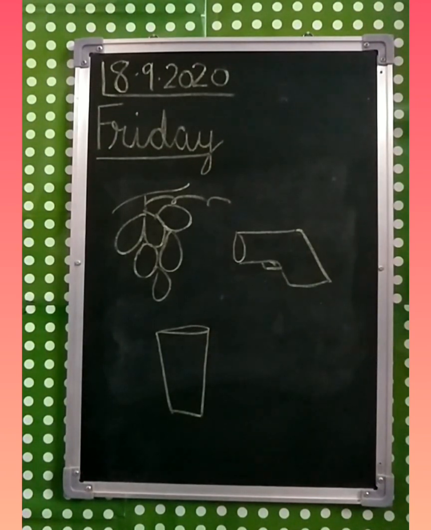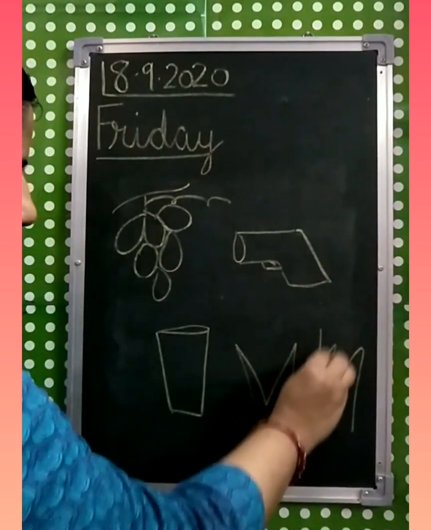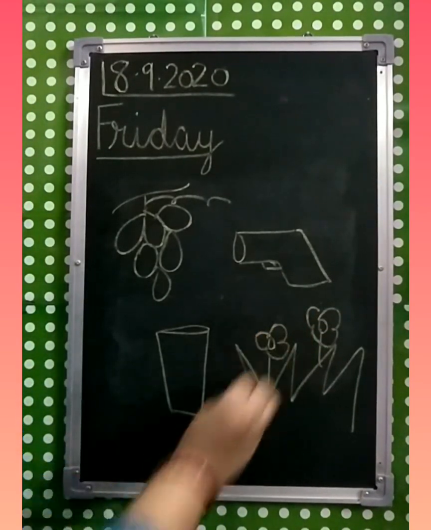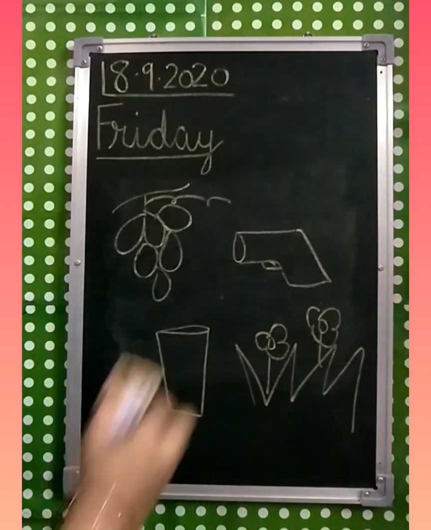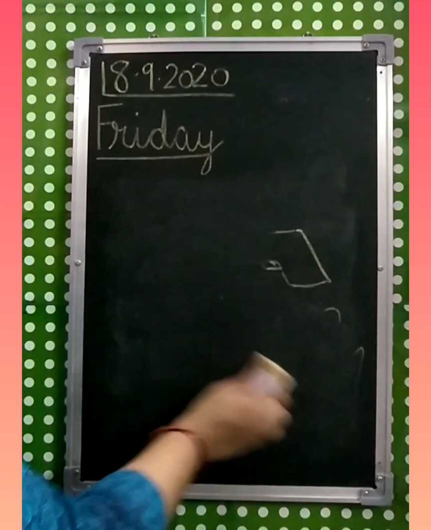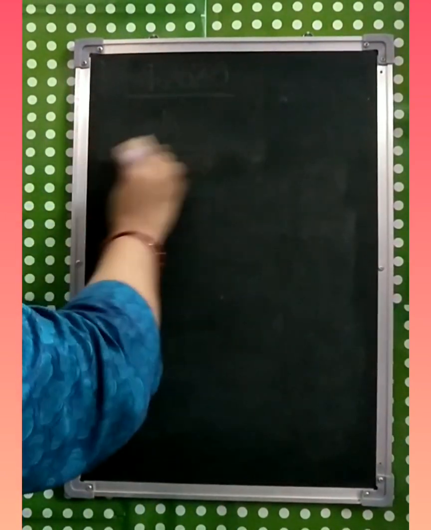Then what else? Garden. Right? Garden. So children, I hope you all have learned these things. Ma'am has already taught you pictures related to G, right?